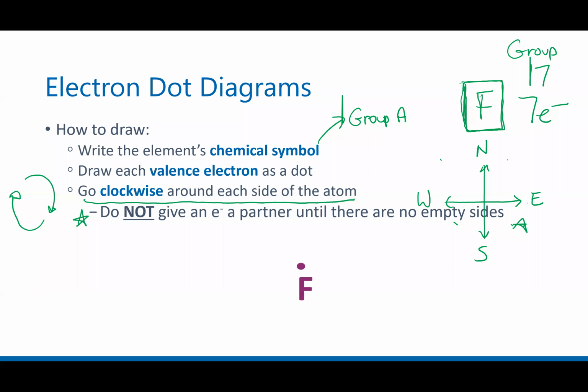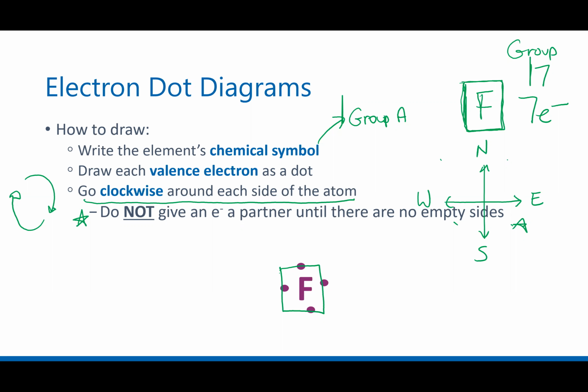So just look at what's going to happen to fluorine on the bottom here. Imagine fluorine has an invisible box around it. So 1 electron out of 7, 2, 3 on the bottom, 4 on the left. And now every side of that box has an electron: north, east, south, and west. Top, right side, bottom side, left side.